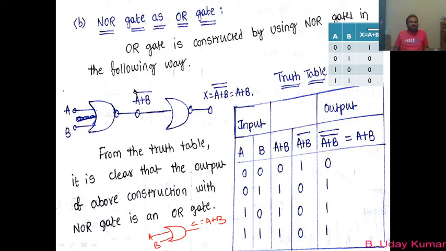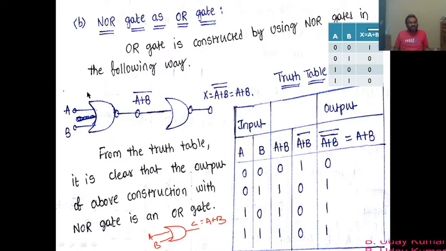To understand that, have a look at the diagram that is drawn over here. We can construct an OR gate by using NOR gates with the help of two NOR gates and connecting them in series. In series in the sense one after the other. In that way, we can construct an OR gate by using NOR gates.